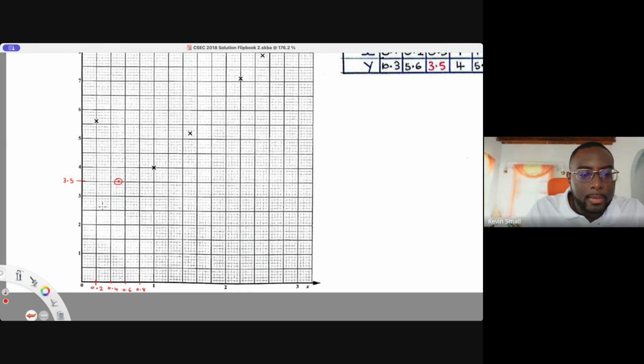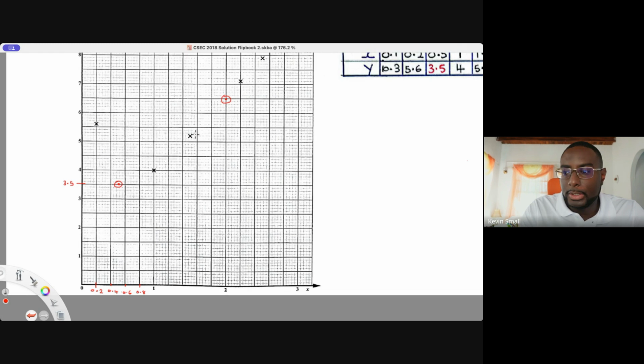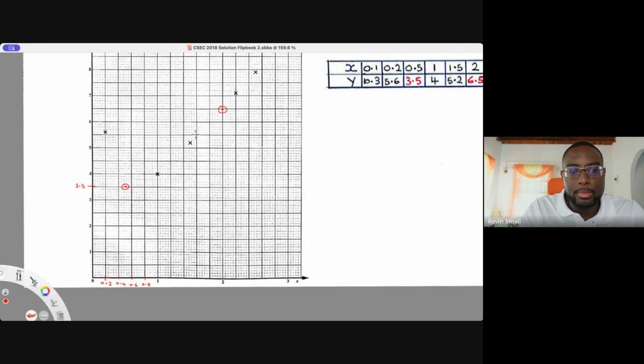All right, now the next one is at 2 and 6.5. That one is a lot easier to plot. So come across to 2, come up to 6.5, which is right here. A nice, easy coordinate. You can want an easier graph to plot in the exam. It's just that it looks weird. But looking weird doesn't mean it's not easy to plot. So now I have the 2 points drawn in.